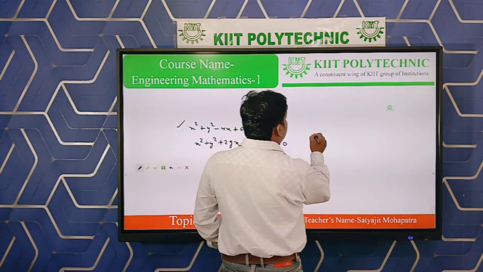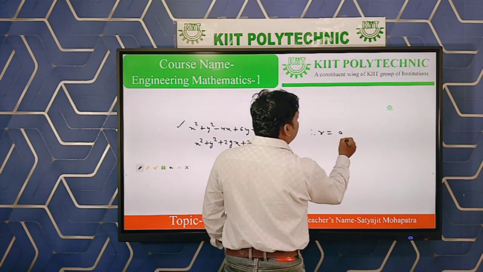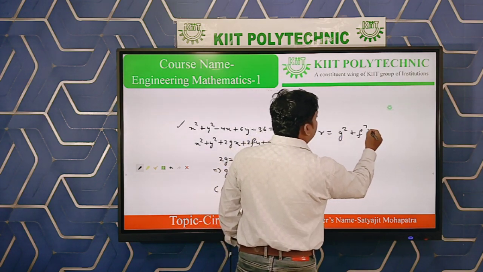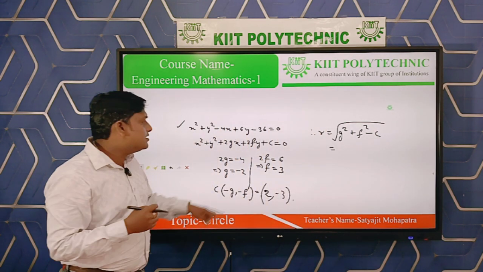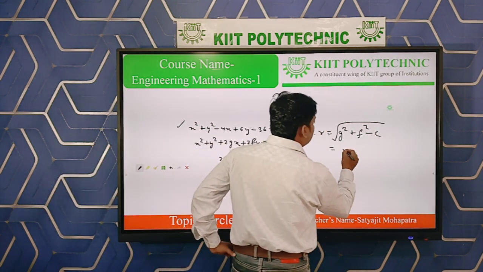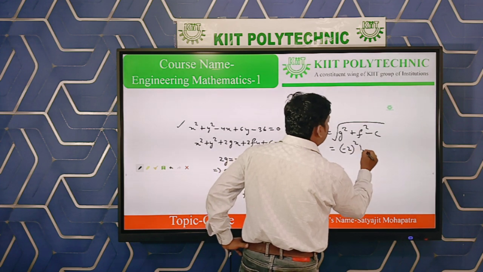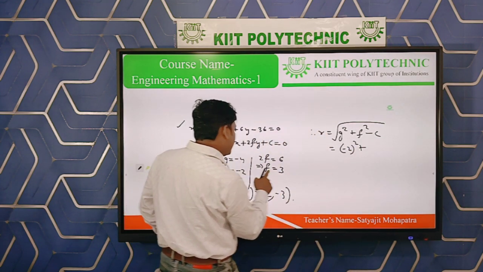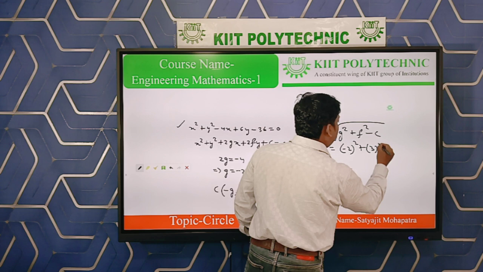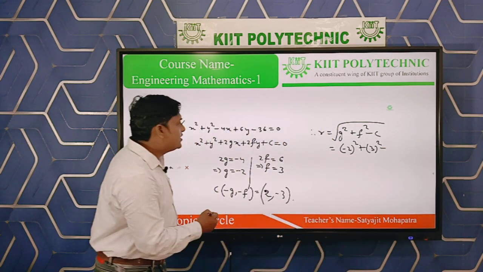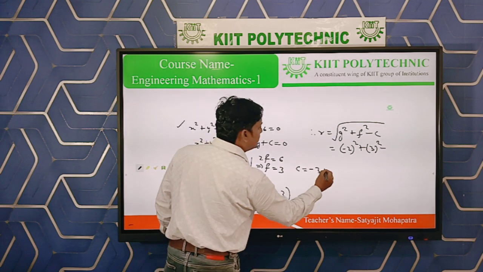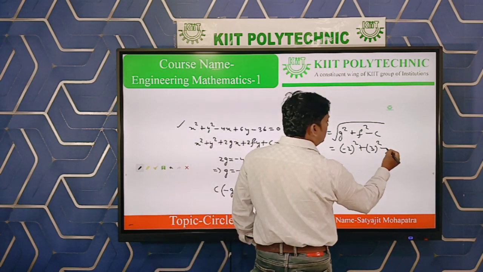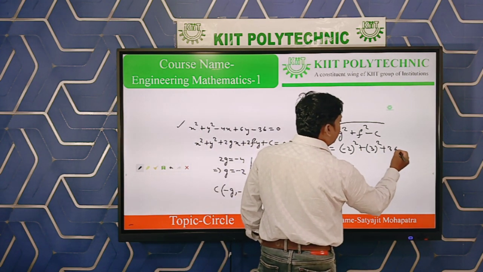What is r? r is the radius. What is the formula? Square root of g square plus f square minus c. What is the value of g? Minus 2, so minus 2 whole square. What is f? f is 3, so 3 whole square. What is c? You have to extract the c value. c equals minus 36 here, so over here do subtraction, it becomes plus 36.